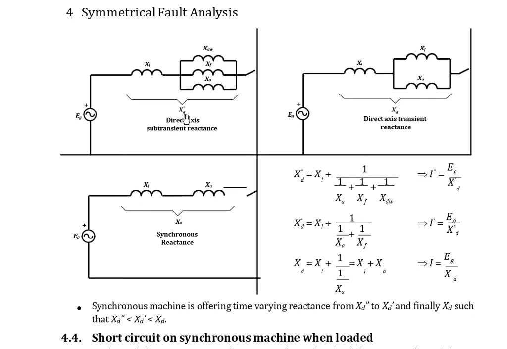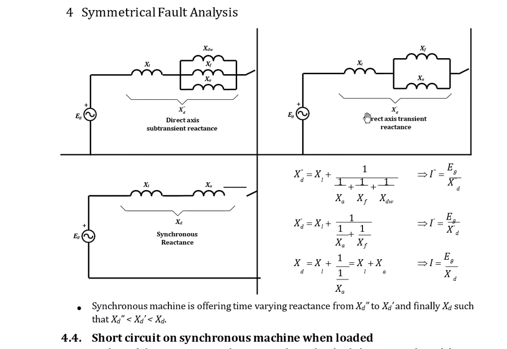Keeping this in mind, you can also see here, XD double dash is XL plus 1 upon all these three reactances, and XD dash is only the summation of these reactances. So XD double dash is less, then our XD dash is more, and due to this more reactance, our current will drop.